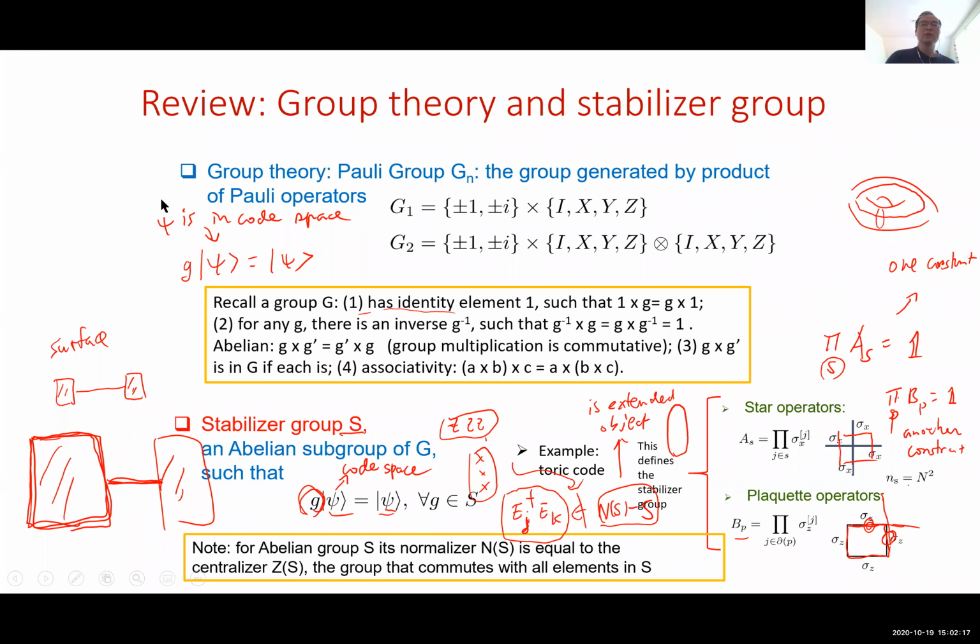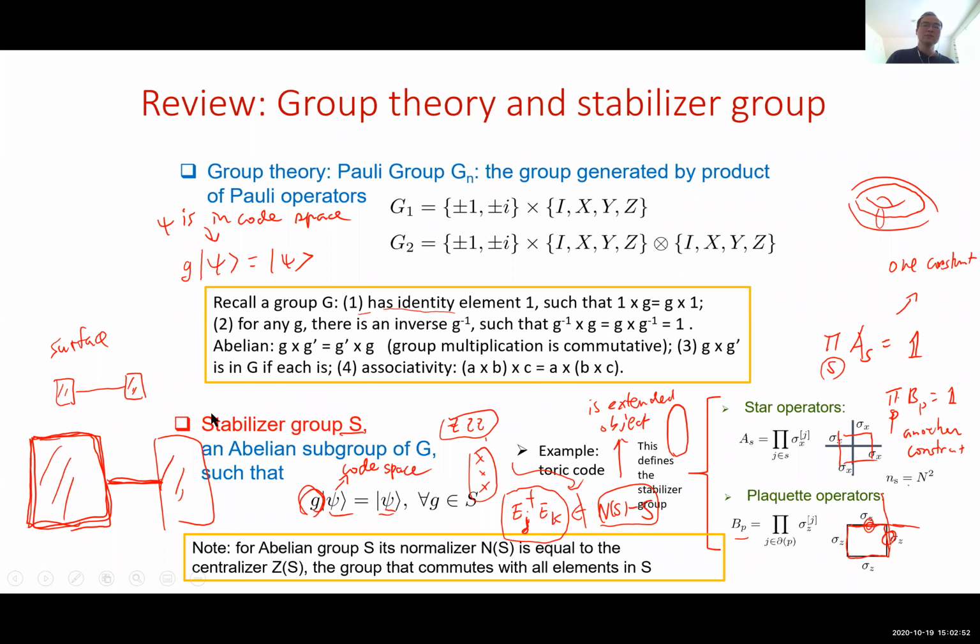But I'm defining exactly what I mean here. It's not possible to find a definition that does not have some conflict with other definitions, but I'm trying to be consistent. So you define a group S. In this case it is an abelian group, the elements commute with each other, and it does not contain -1, the negative identity, in that group.